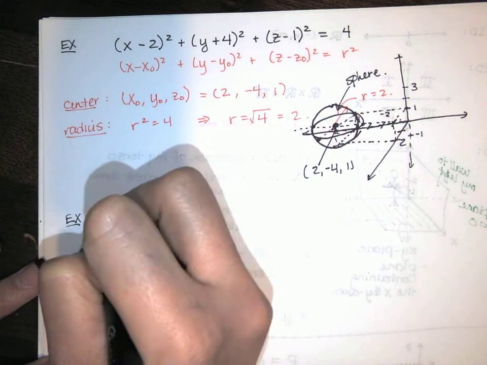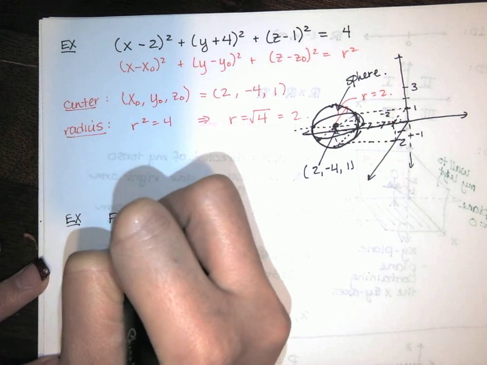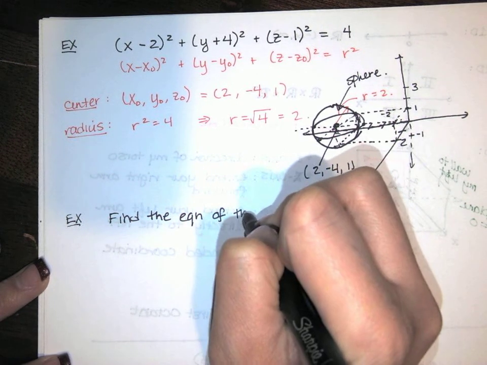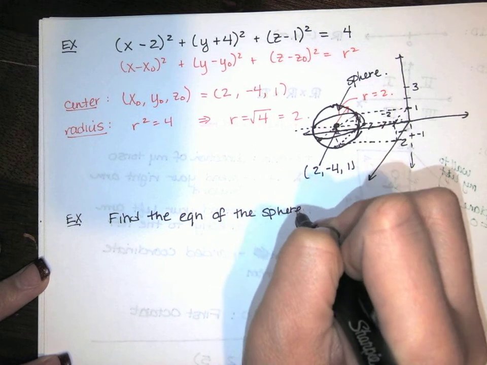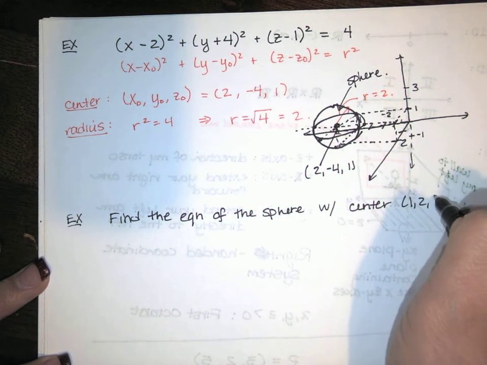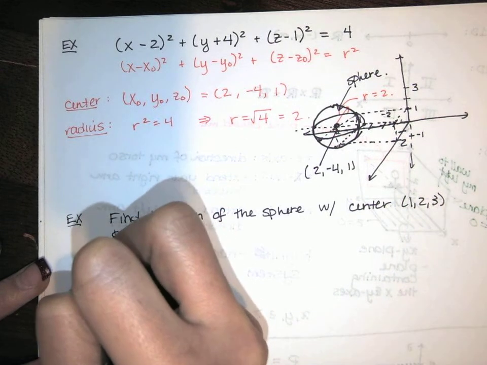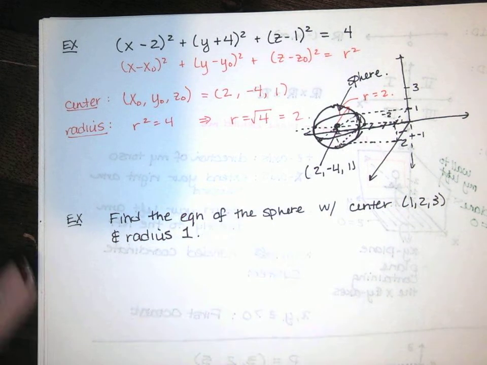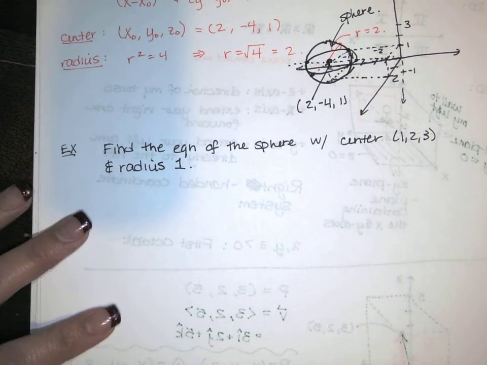Or I could say, find the equation of the sphere with center 1, 2, 3 and radius 1. I'm just going to make the radius really nice and simple.